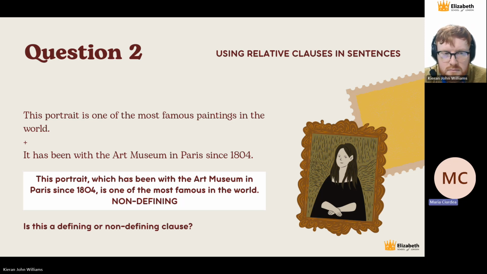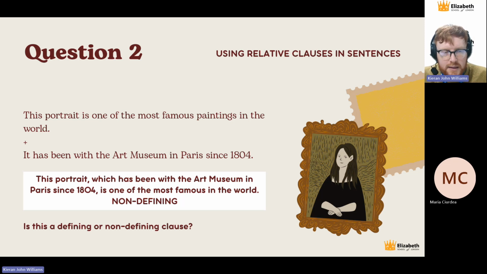The portrait, which has been with the art museum in Paris since 1804, is one of the most famous paintings in the world. All right, very good. Well done with that one.